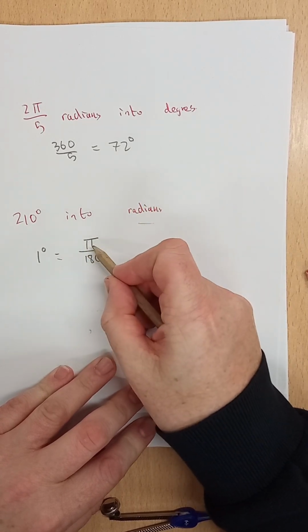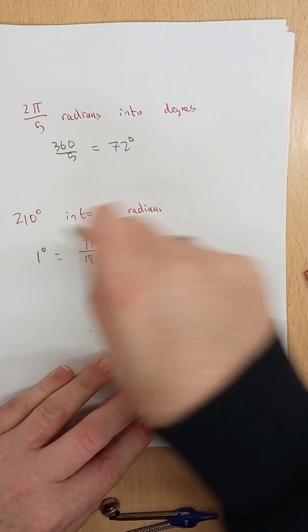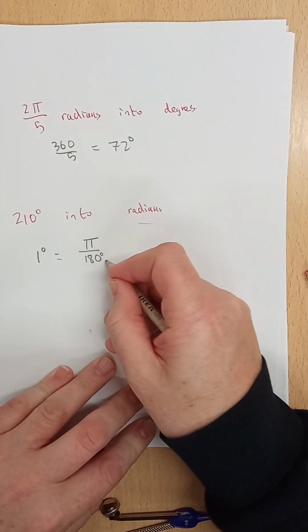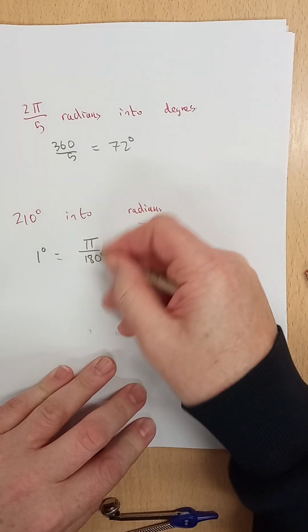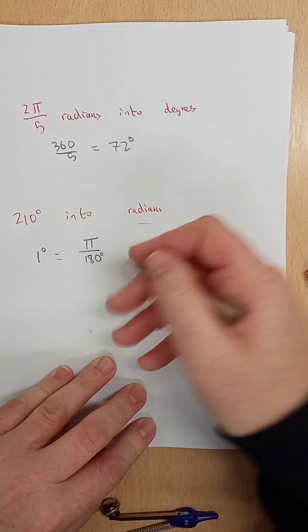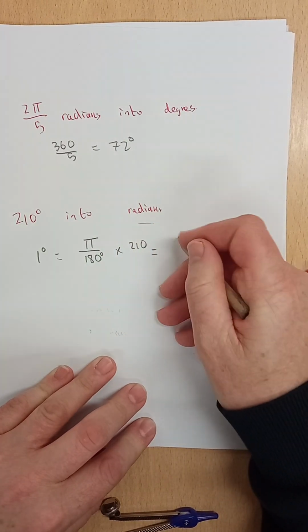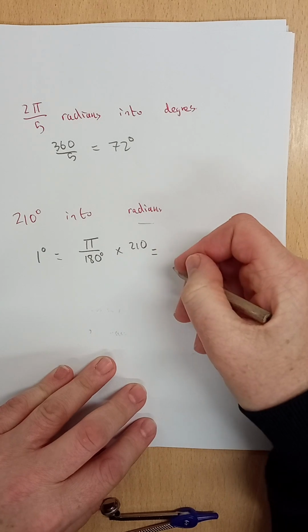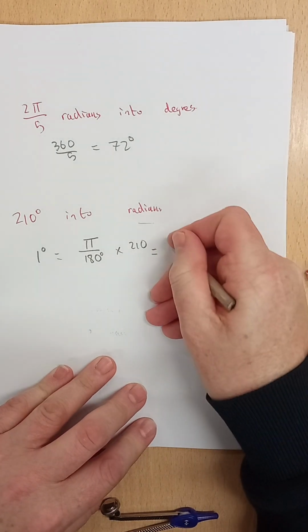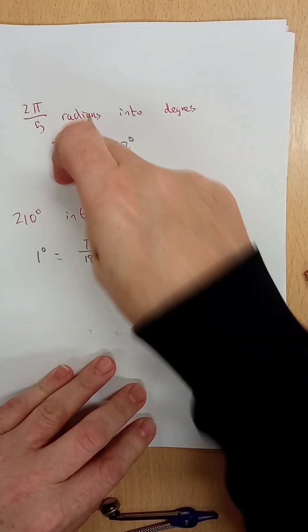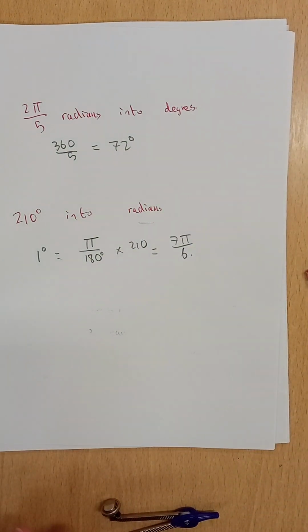Because pi, we know, is half a circle, and we also know half a circle is 180 degrees, so they both must be the same. So let's just multiply that by 210, and you get 210 pi over 180, which is 21 pi over 18, which is 7 pi over 6. And there you have it, backwards and frontwards. So easy to do.